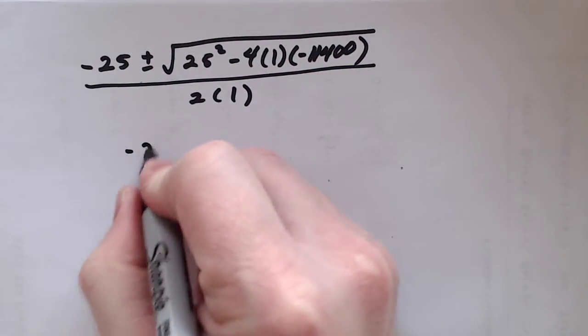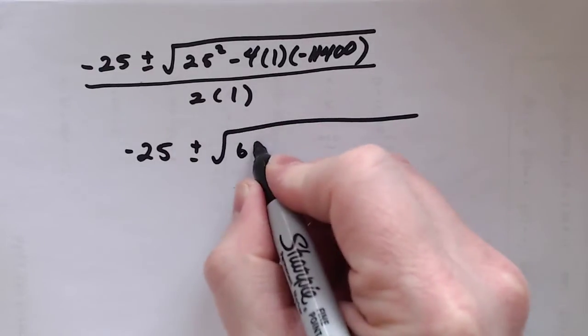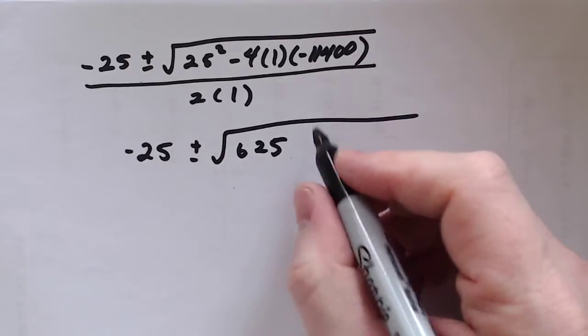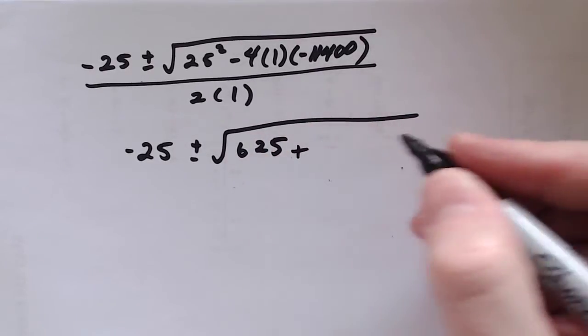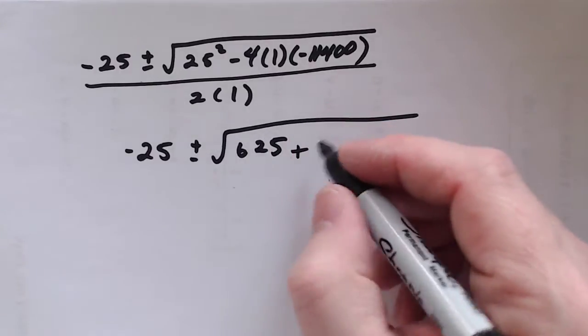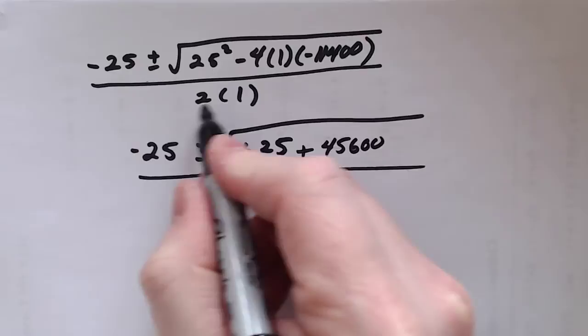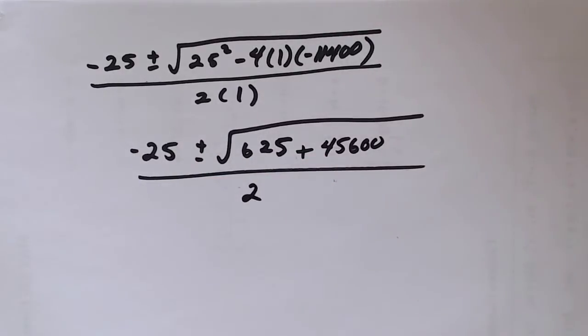So I'm going to clean it up a little bit. That'd be 625. And a negative times a negative is a positive. And 4 times 11,400 is 45,600. And 2 times 1 is just 2.